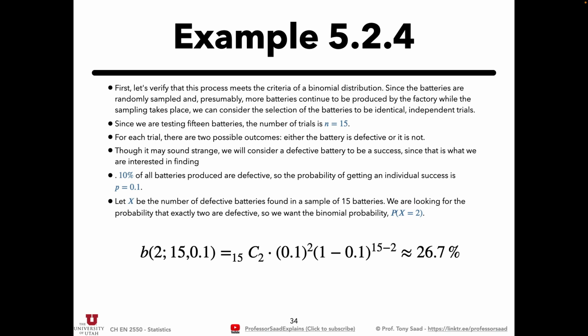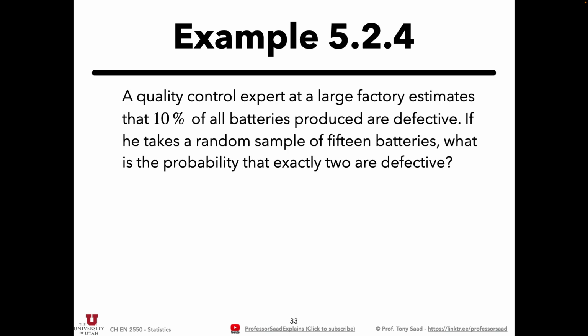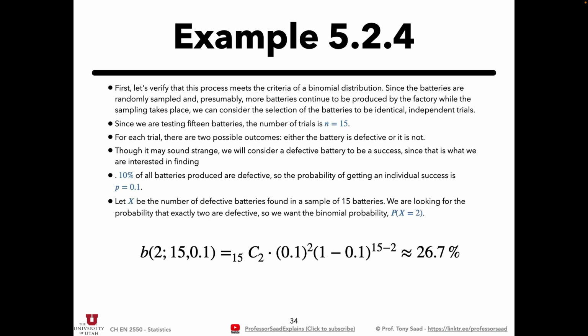Now, what are the two outcomes? Functioning, defective, right? Those are our two outcomes. All right. Now, our trials, we have 15 trials because we're picking 15 batteries. There are two outcomes, either defective or not. Now, they gave us the probability that a battery is defective as 10%. So we can use defective as our success.